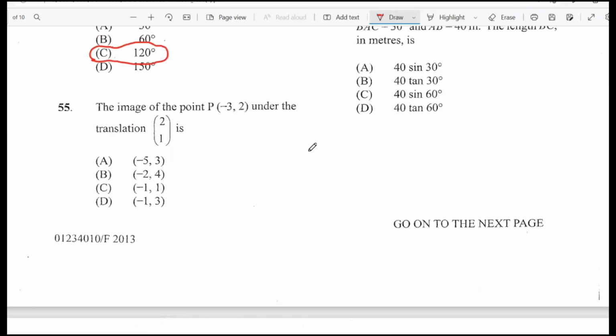Item 55. The image of the point P (-3, 2) under the translation (2, 1) is what? All right. So basically then, all you have to do is remember this formula, that your object plus a translation always gives the image.